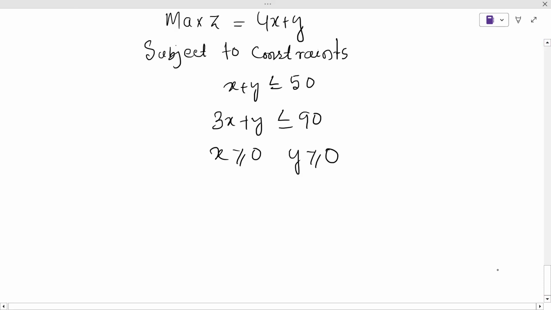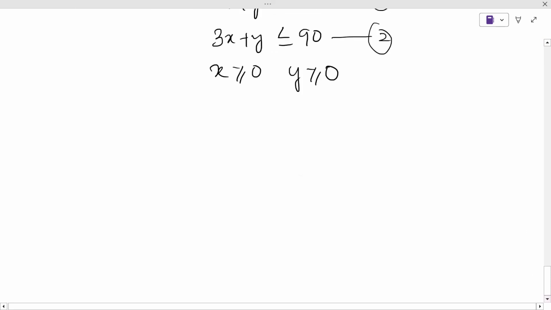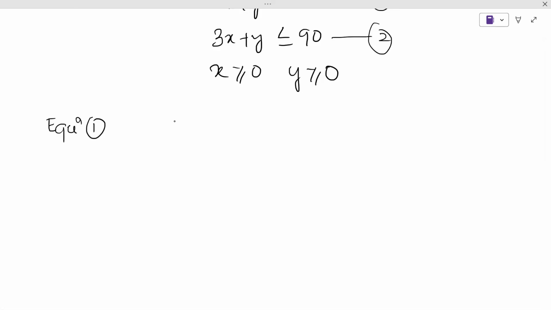The question is that equation 1 we name here, and equation 2 we name here. First you consider equation 1. What is equation 1? x plus y less than or equal to 50.